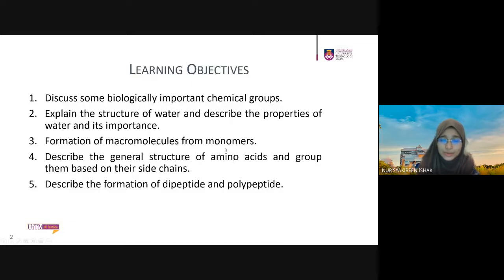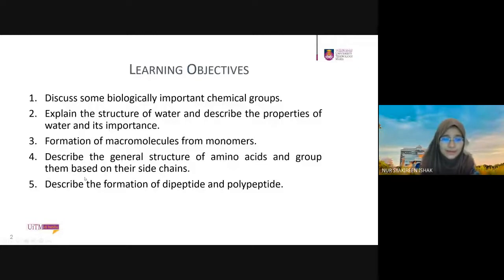Within that amino acid, at one end you have the amino group, at the other end you have the carboxyl group, and in the middle of the amino acid molecule you have the side chain. This side chain will determine the property and function of the protein. We are going to look at this in detail when we reach this part.